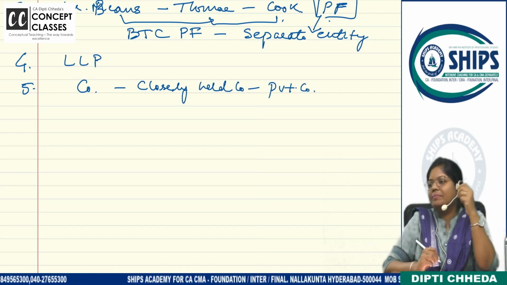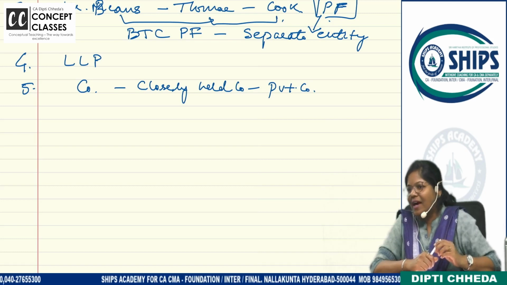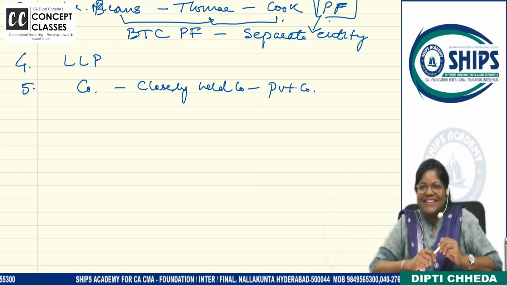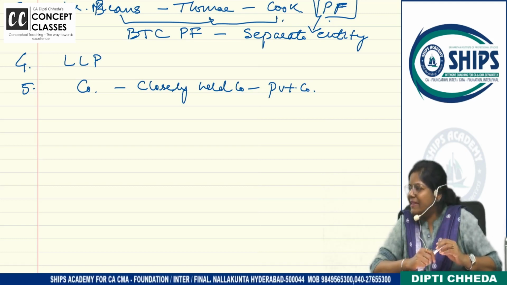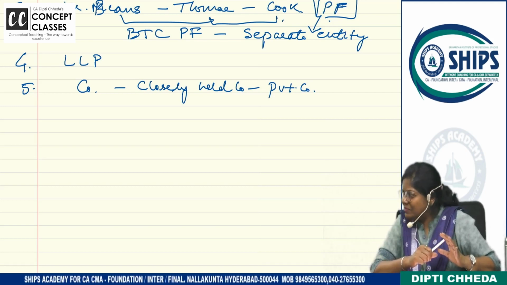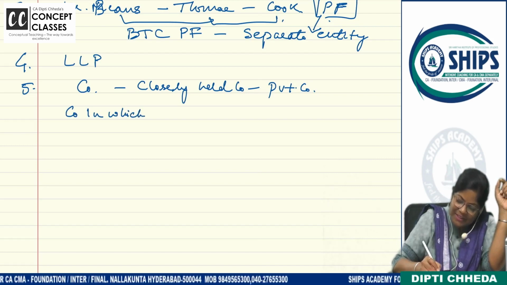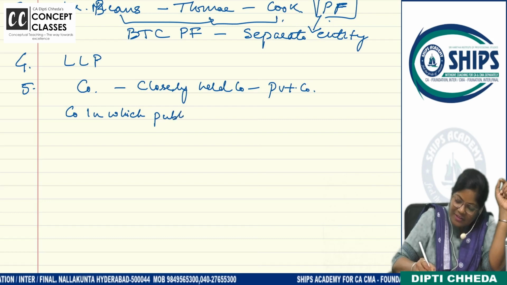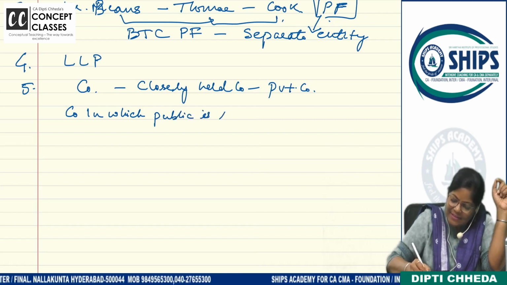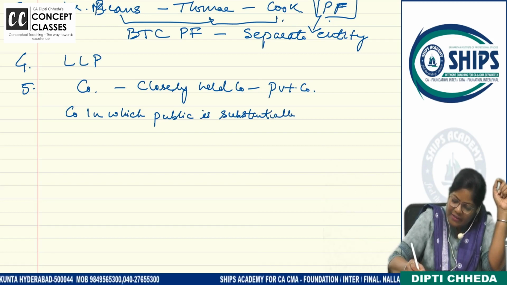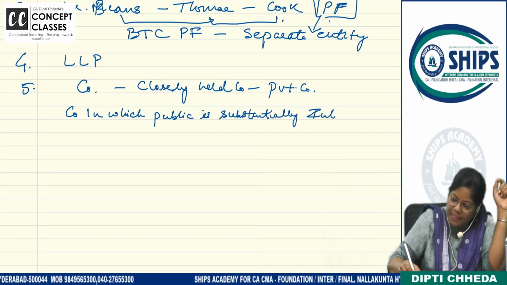See, this is a new naming for a private company. Closely held company is a private company. Another one is a company in which the public is substantially interested.